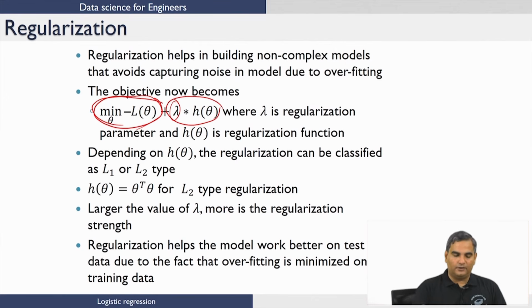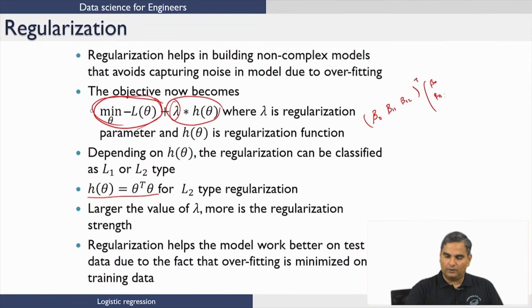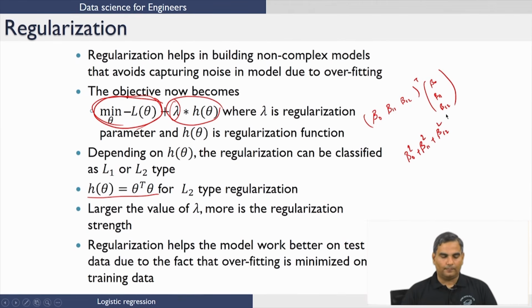Now, this function could be of many types. If you use this function to be theta transpose theta, then this is called L2 type regularization. So, in the previous example, theta would be beta naught, beta 11, beta 12 transpose times beta naught, beta 11, beta 12. So, in this case h of theta will become beta naught squared plus beta 11 squared plus beta 12 squared. Now, there are other types of regularization that you can use.